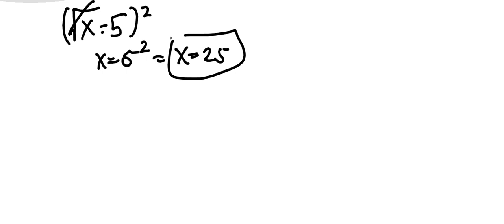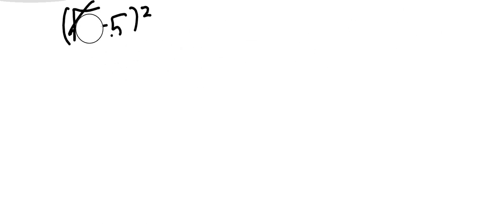However, it's good to note that the square root of x has to be greater than or equal to 0. That's probably good to note. Whilst x squared equals some value can produce a negative solution, the square root of x equal to some value cannot. Let's explore that. So let's say the square root of x equals negative 7.